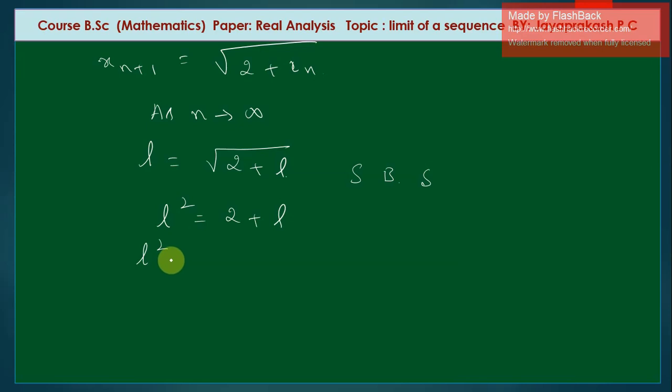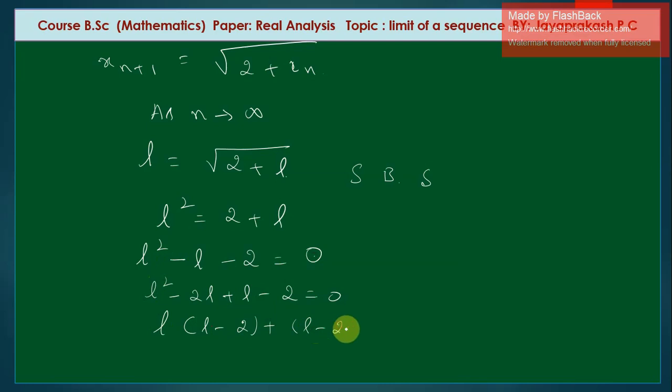L square minus L minus 2 is equal to 0. This can be written as L square minus 2L plus L minus 2 is equal to 0. L is a common factor: L into L minus 2 plus L minus 2 is equal to 0.